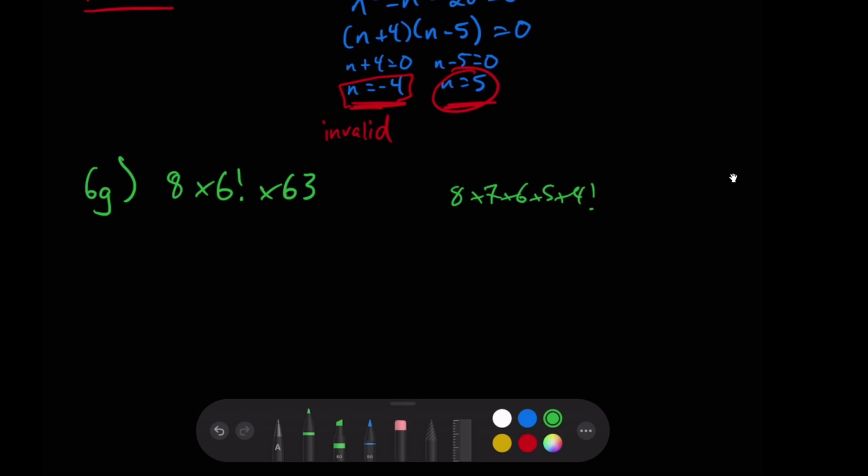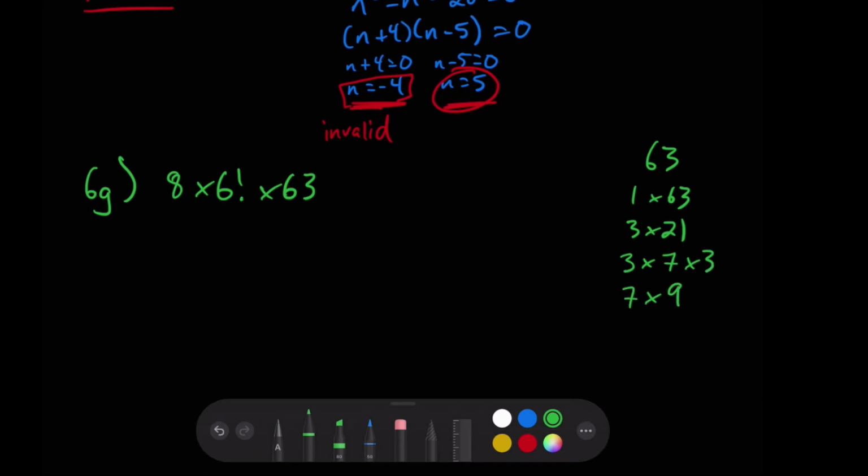So let's see what I can do with 63 in terms of factoring it. We can try listing our factors of 63 on the side if you find that helpful. So 63 can be expressed as 1 times 63, or 3 times 21, or 7 times 9, or 7 times 3 times 3.